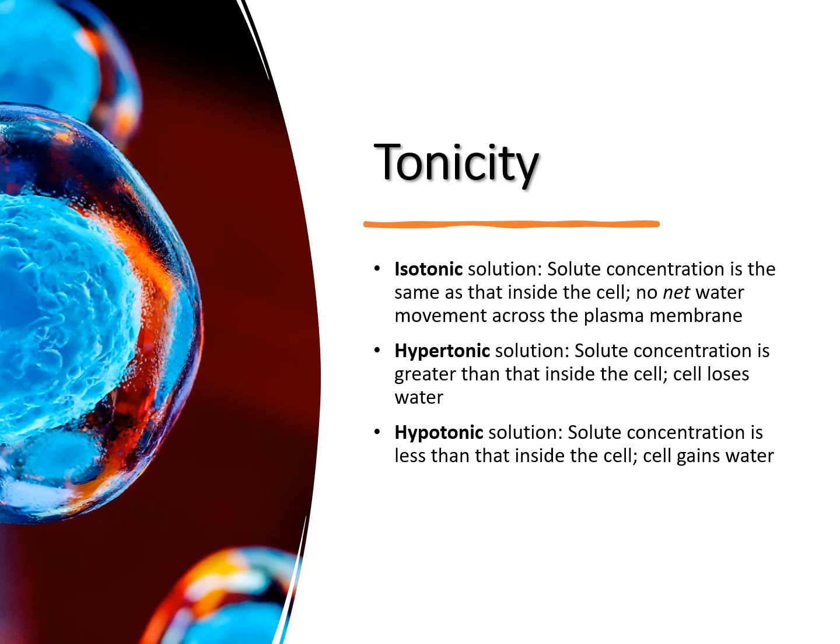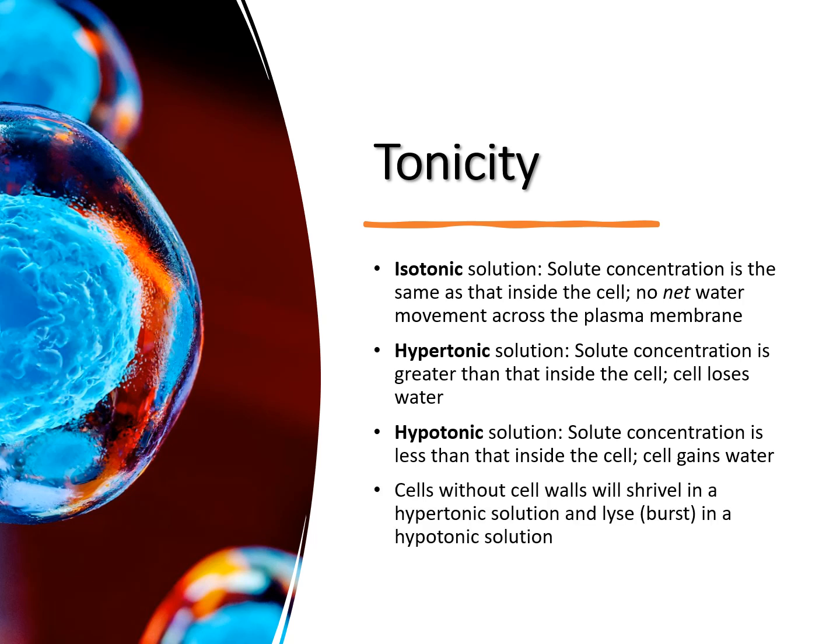So that means the cell will lose water because water will be moving via osmosis out of the cell. A hypotonic solution means that the solute concentration is less than that inside the cell. That would mean that the cell would gain water if it's placed inside a hypotonic solution.